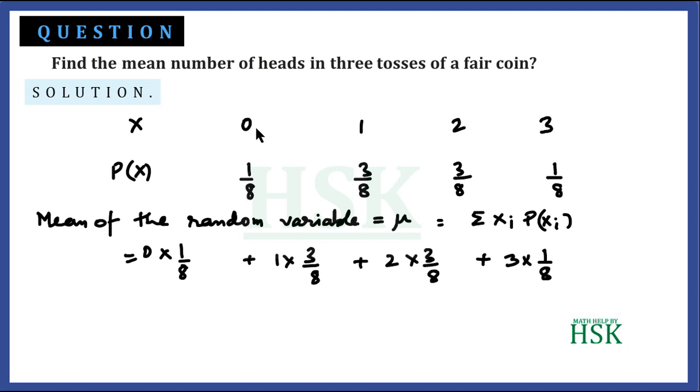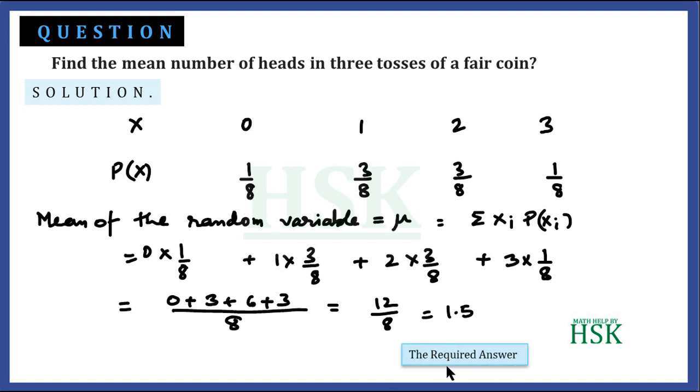And this would be equal to 0 into 1 by 8 plus 1 into 3 by 8 plus 2 into 3 by 8 plus 3 into 1 by 8. This would be equal to 0 plus 3 plus 6 plus 3 whole upon 8, and on solving this would be equal to 12 by 8 or 1.5. So this is my required answer.